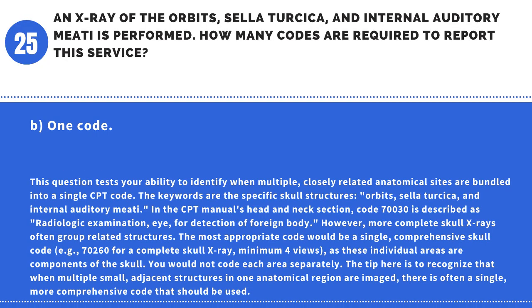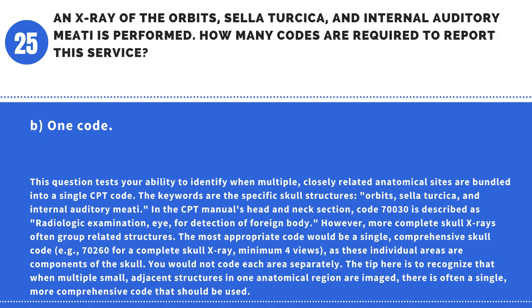Answer: B. 1 code. This question tests your ability to identify when multiple, closely related anatomical sites are bundled into a single CPT code. The keywords are the specific skull structures, orbits, sella turcica, and internal auditory meati. In the CPT manual's head and neck section, code 70030 is described as radiologic examination, eye, for detection of foreign body.